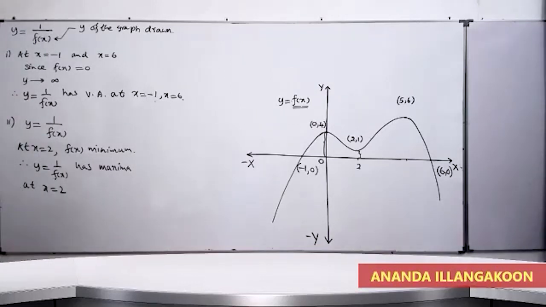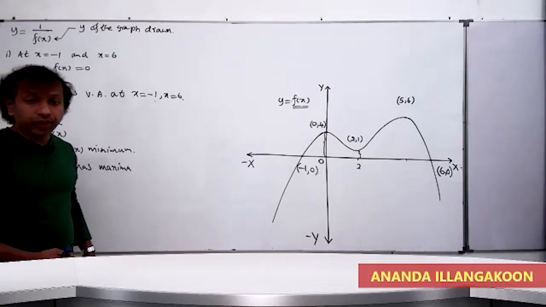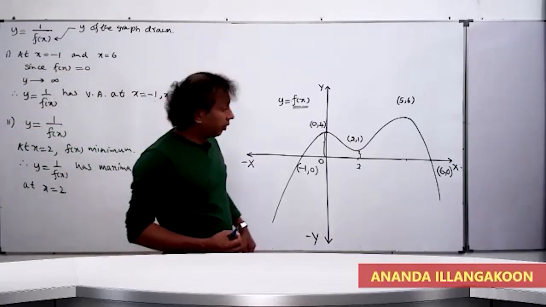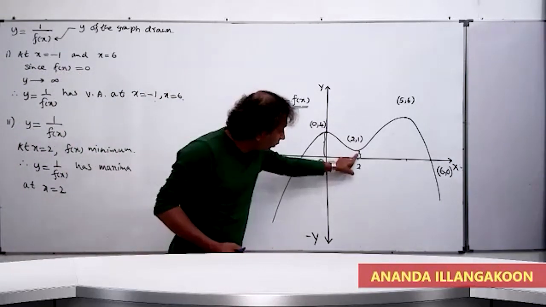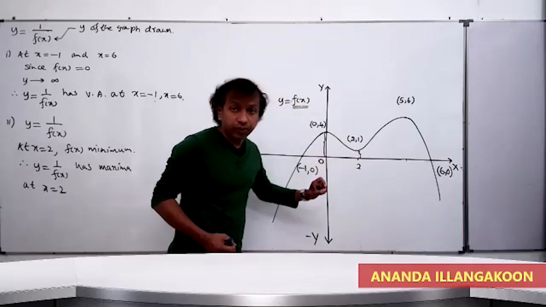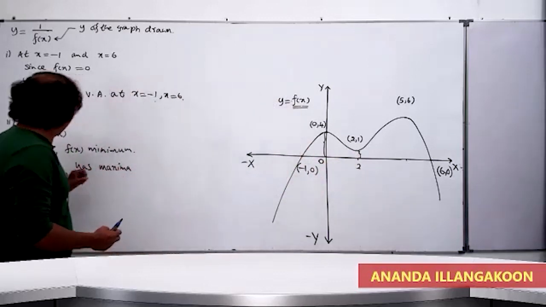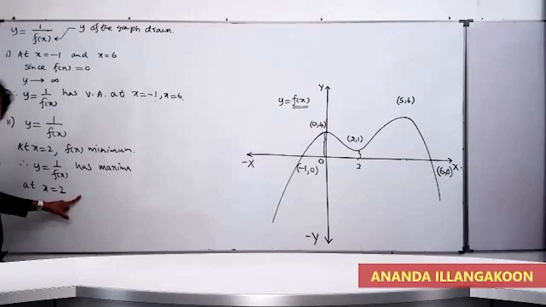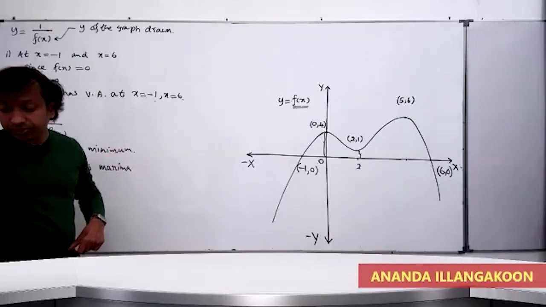The x coordinate is known to be 2. Then what is the maximum point? People, this height is what? 2, no? f(x) is 2. And when you put that 2 here, y comes as what, people? 1 upon 2. Half. That means when x equals 2, y is half. At that point, there is a maximum.